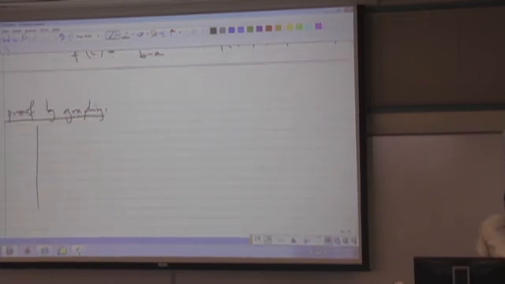So, again, f is continuous, f is differentiable. This is A, this is B. Would you like f of A to be bigger than f of B, or would you like it to be smaller than f of B? I'm giving you choices. So let's see, f of A over here, f of B over here, right?